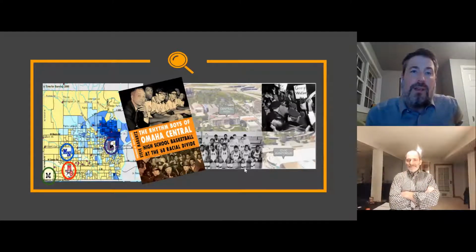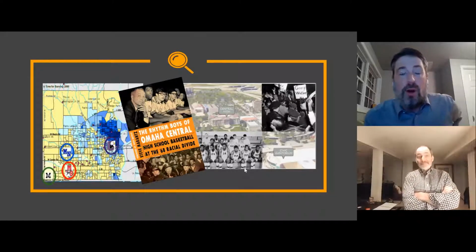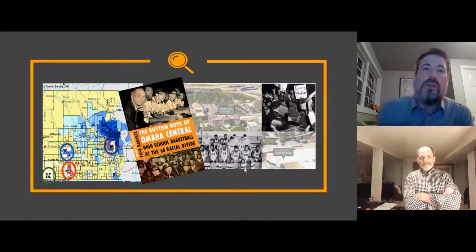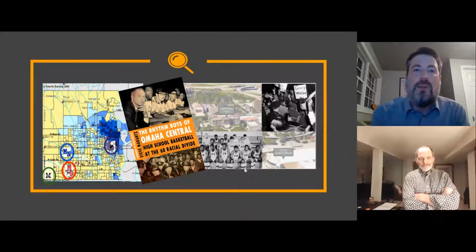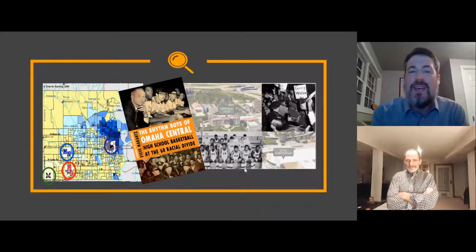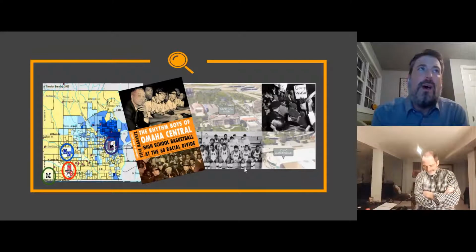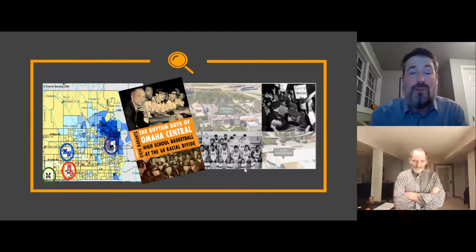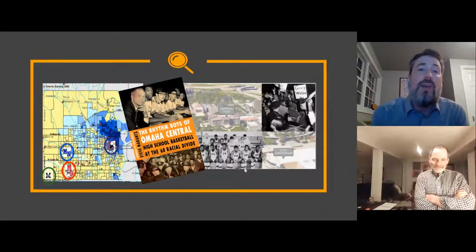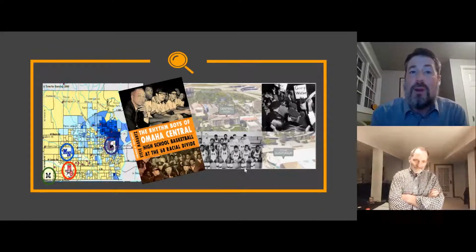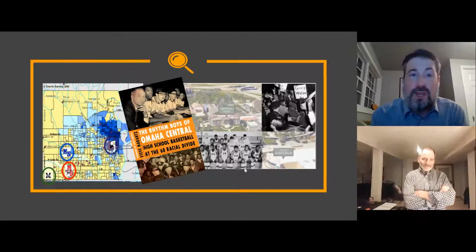And I teach in a suburb of Omaha. And so this book is actually about the basketball team in Omaha in 1968. And it happens to be the first high school basketball team in the state of Nebraska in which all 5 starters were African American, and they were the #1 team in the state.